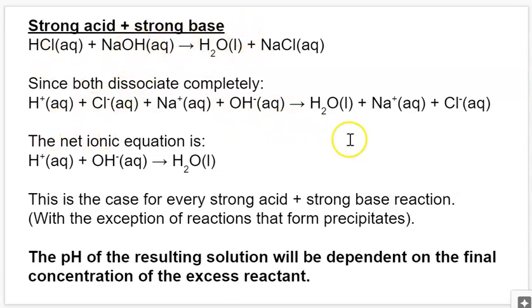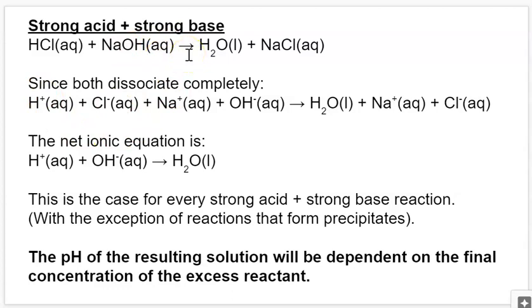If we look at the complete dissociation and then come up with our net ionic equation, for a strong acid, strong base combination, we're basically always going to have the net ionic equation of hydrogen ions plus hydroxide ions making water. The only exception of this, which I can't even think of one off the top of my head, is if a precipitate is formed, because then we can't cancel that out of the net ionic. But the basic thing that's happening with strong acids and strong bases is hydrogen and hydroxide combining to make water.